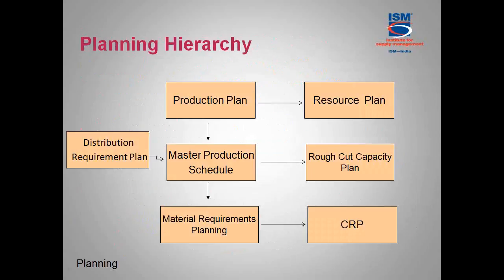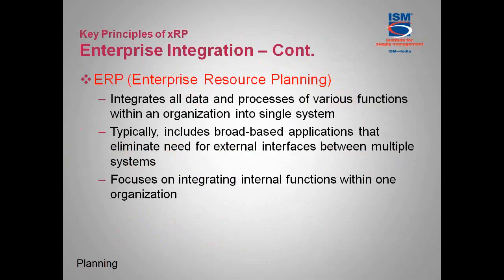Now, broadly we can talk about the overall system, which is called enterprise resource planning, which integrates all data and processes. It typically includes broad-based applications that eliminate the need for external interfaces between multiple systems. For example, one particular company has 10 different factories, and every factory was working with an individual MRP2 system.